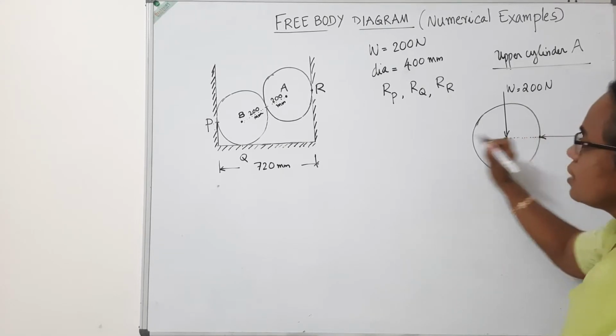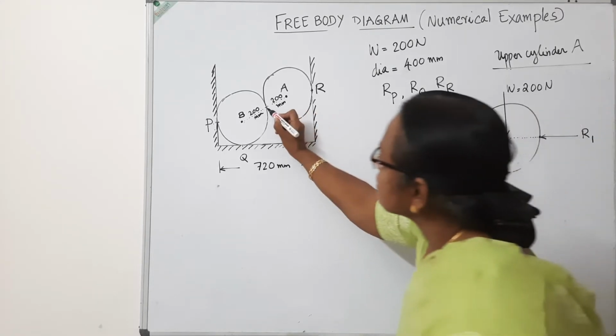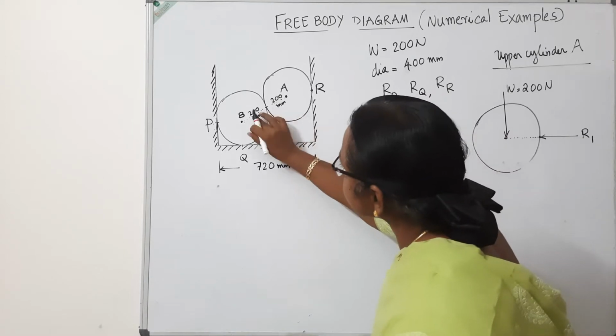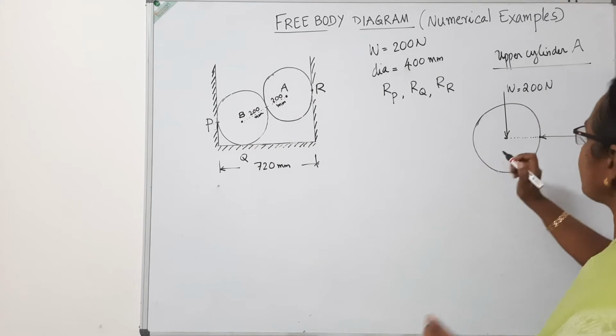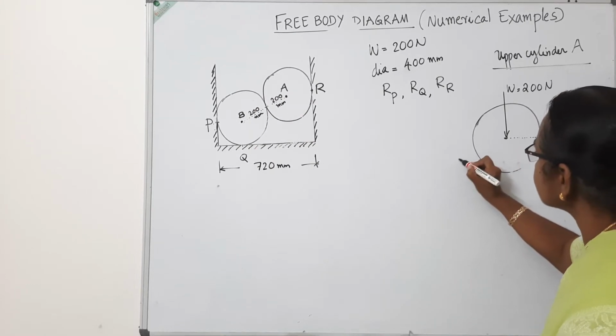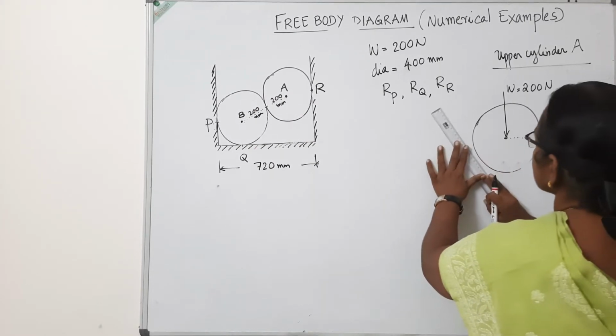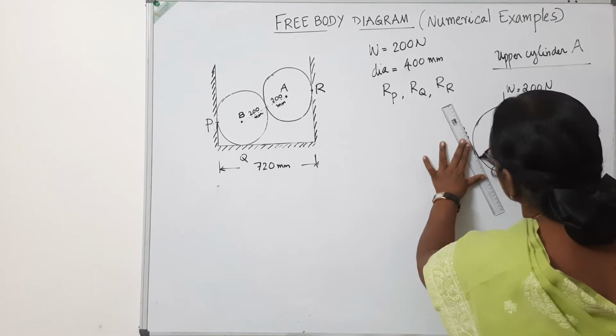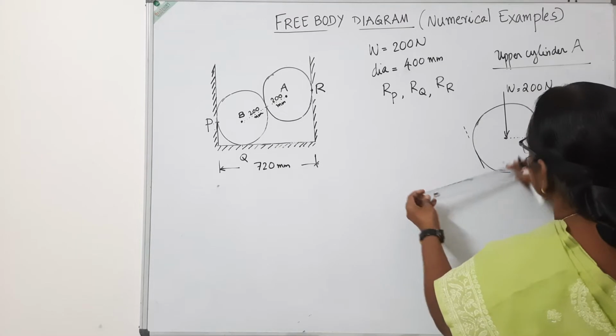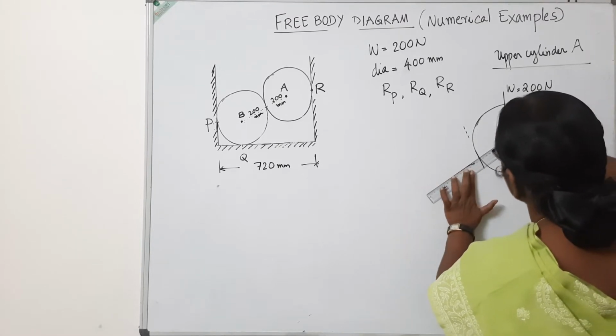Then what about at this contact surface? This sphere B will exert a force, or there will be a contact pressure acting. If this is the tangent to the two surfaces, if this is the tangent direction, normal to that, this force will be acting like this.